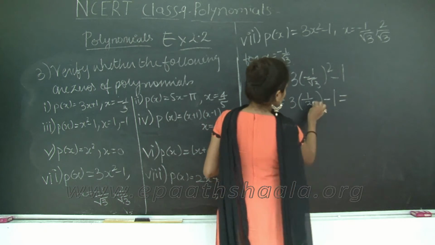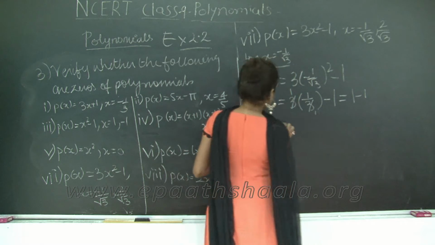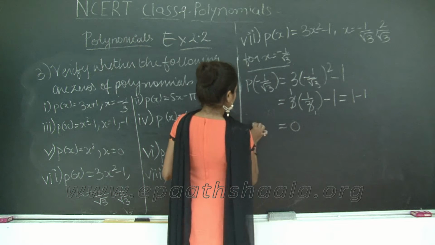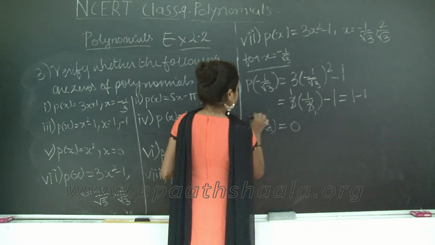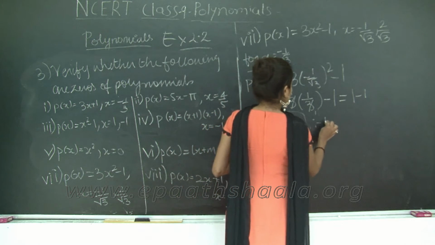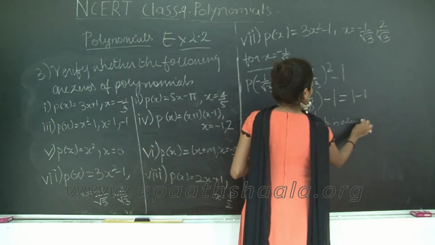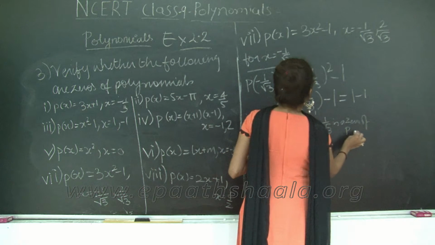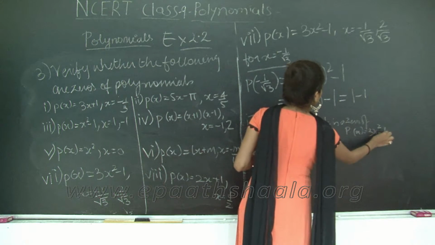This is nothing but 3 ones are 3, 3 ones are 3, 1 into 1, 1 minus 1, which is nothing but 0. So P of minus 1 upon root 3 is 0. Therefore, minus 1 upon root 3 is a zero of polynomial P(x) is equal to 3x square minus 1.